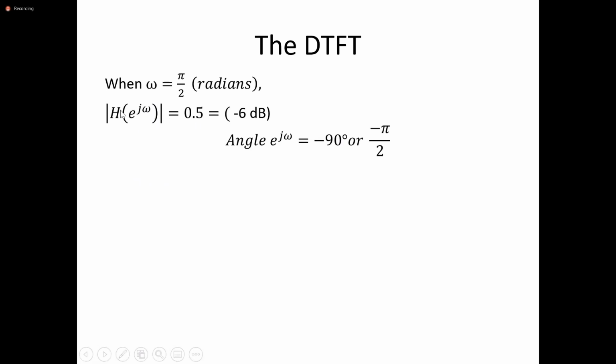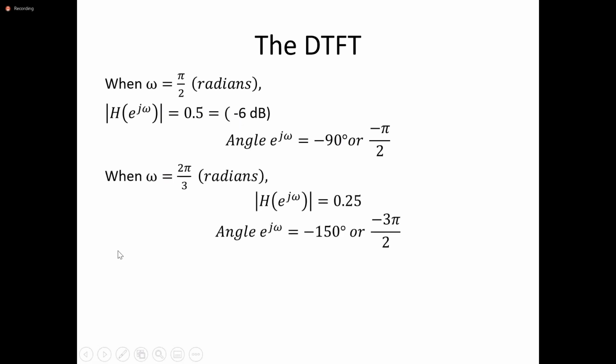And here, when you plug pi over 2 into cos, that is cos 90, which is 0. So you just have the other one inside that bracket over 2. So the gain is 0.5 or minus 6 dB, and so on.